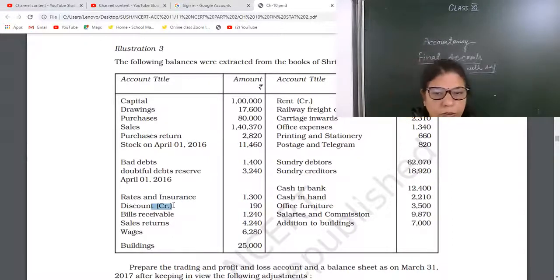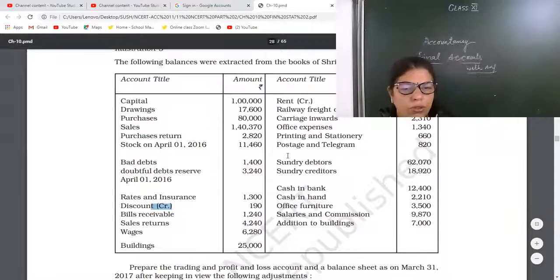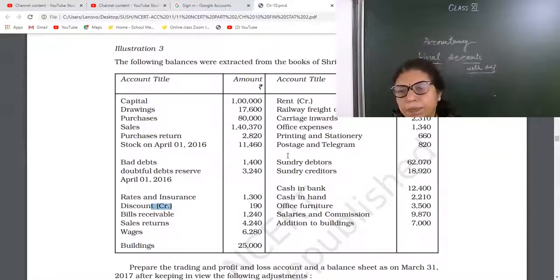Now bills receivable, asset side, because bills receivable means the amount which is receivable from drawees. That is in chapter 7 also. Now sales return, the sales which are returned back, should be subtracted from the sales to find out the net sales.